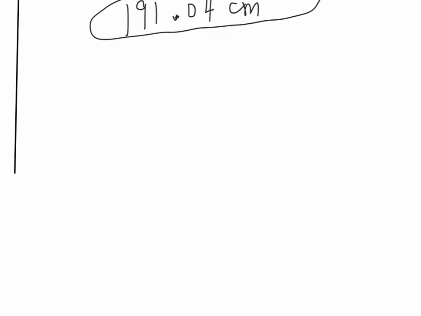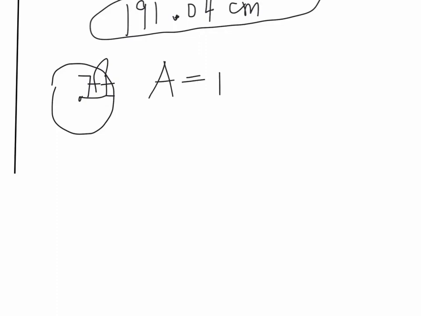Let's do one more example where we're given the radius, a circle with a radius of 7 feet. Always write the formula A equals pi r squared, which means pi times the radius times the radius.